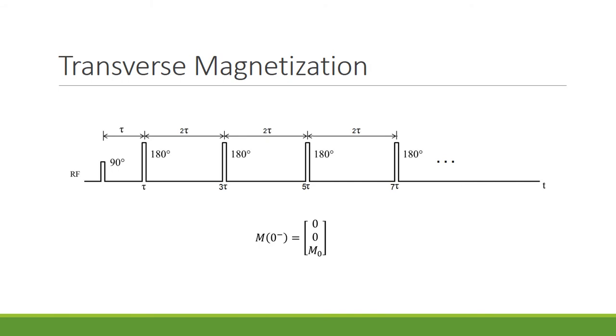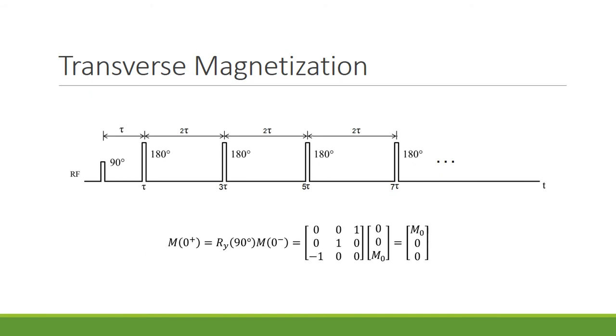Okay, let's compute the signal intensity in transverse magnetization and longitudinal magnetization. We have an RF pulse. Before the RF pulse, we have the magnetization in Z direction with the amplitude of M0.